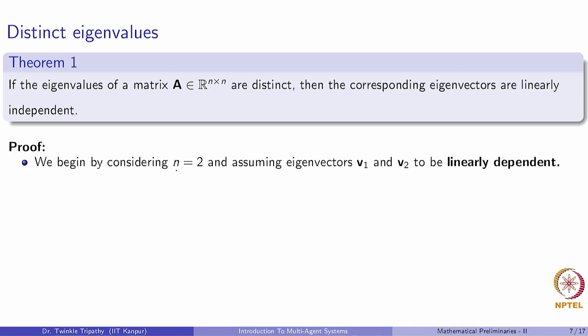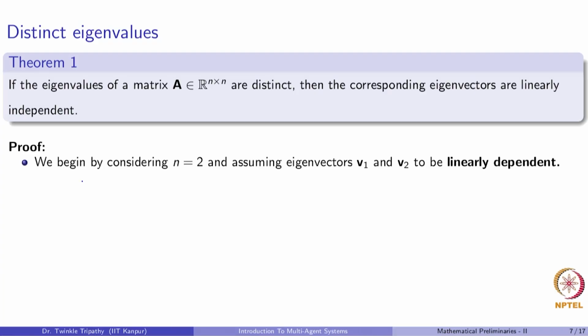We begin by considering the simple case of n equals 2, meaning the dimension is 2, meaning we have two eigenvectors v1 and v2. Now, let us try to do the proof by contradiction, meaning we assume that v1 and v2 are actually linearly dependent, which would imply that, if we are to solve this expression, note that v1 and v2 are eigenvectors to begin with, so both of them are not equal to 0.